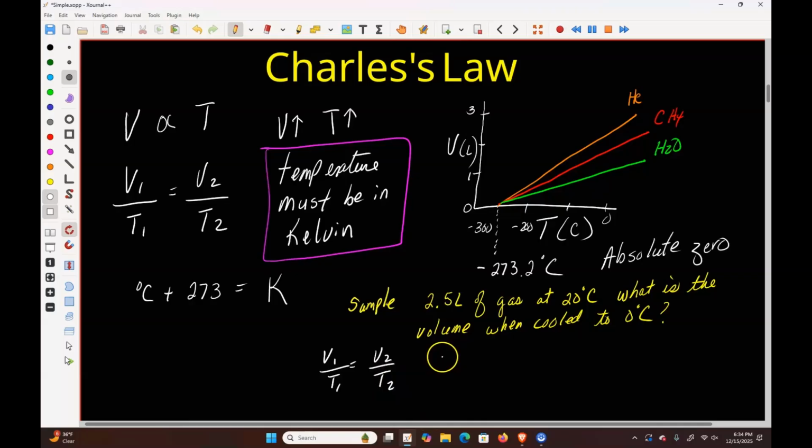We'll substitute there for the volume is 2.5 liters. The temperature is 20. So that would be 20 plus 273. The volume 2 is what we're looking for. The temperature 2 is 0 plus 273.